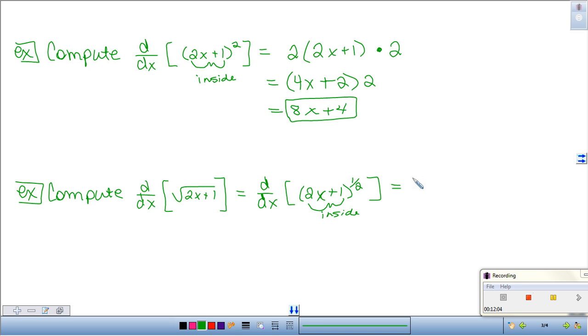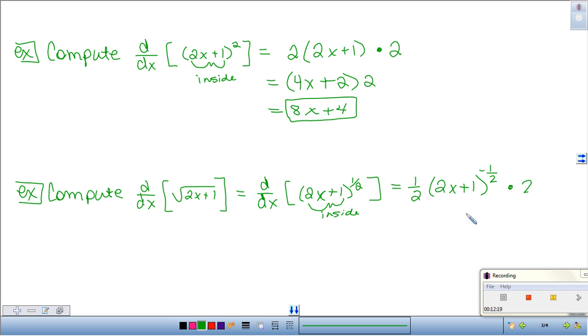Move the exponent out in front, 1/2 of 2x plus 1. Reduce the exponent by 1, so now it's to the negative 1/2. And I need to multiply by the derivative of the inside, so times 2.